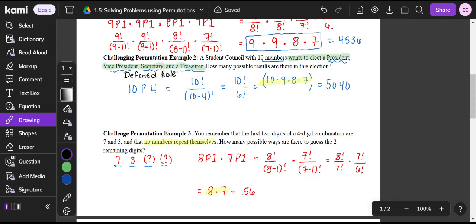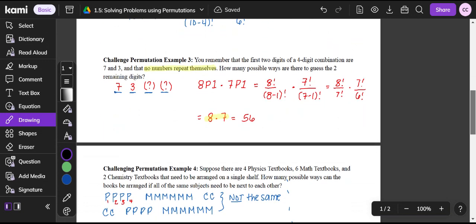You're not just selecting 4 people at random, you're selecting 4 people to fill very specific roles. If there are defined roles in a problem, president, vice president, secretary, treasurer, some sort of title that you're giving to somebody, then the person that you hire for that title definitely matters. So in this case, it's a permutation. I can't just pick 4 random people. I have to think through who is going to fill these roles well.